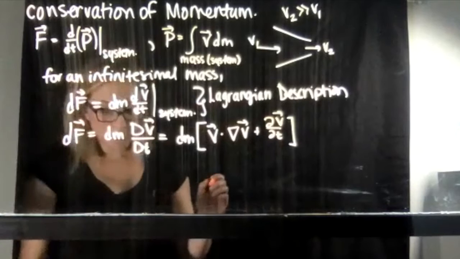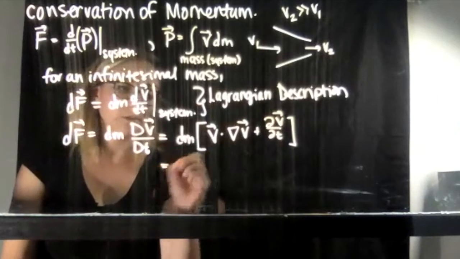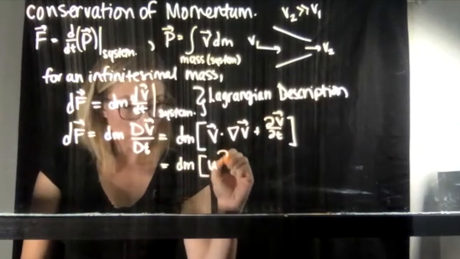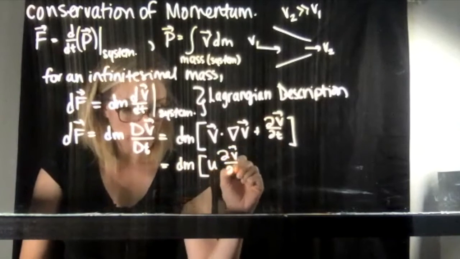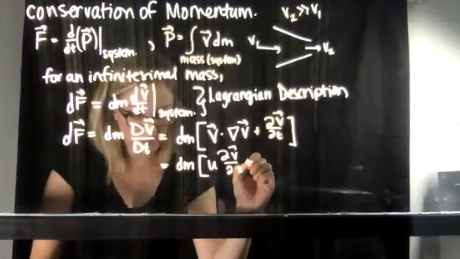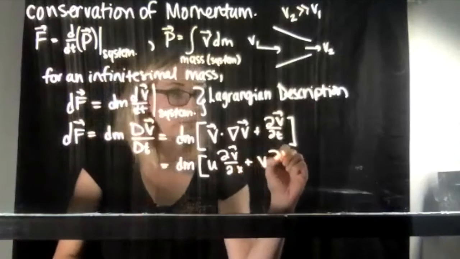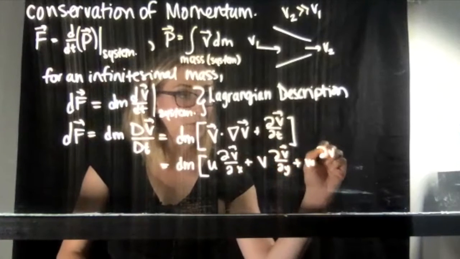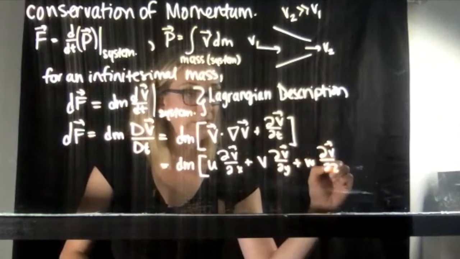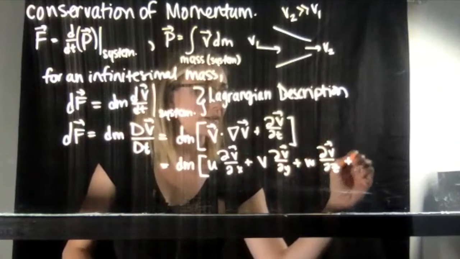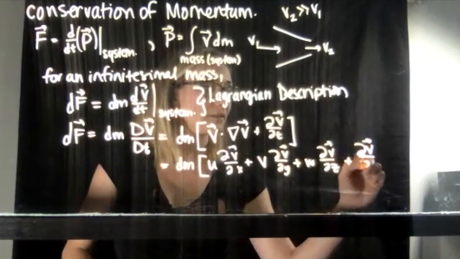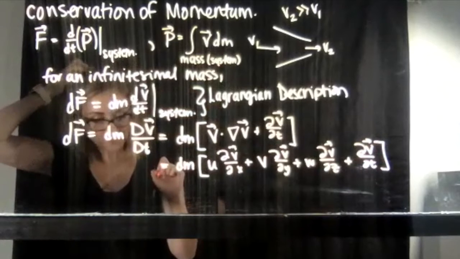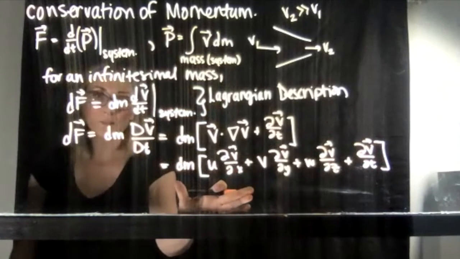All right, so if I expand this out, we have dm times (u ∂v/∂x plus v ∂v/∂y plus w ∂v/∂z plus ∂v/∂t). Okay, so the right-hand side is pretty much well settled here.